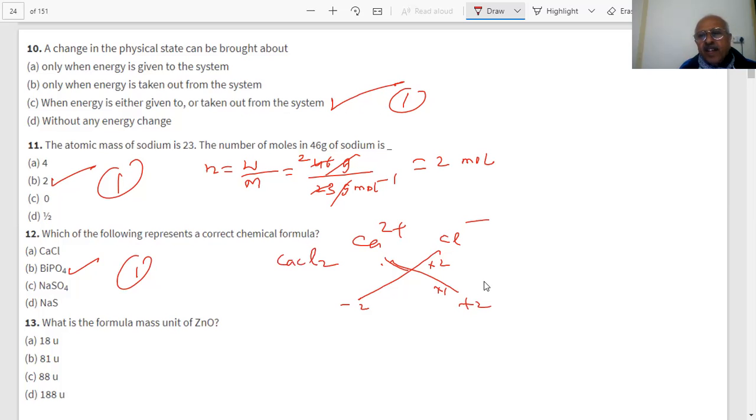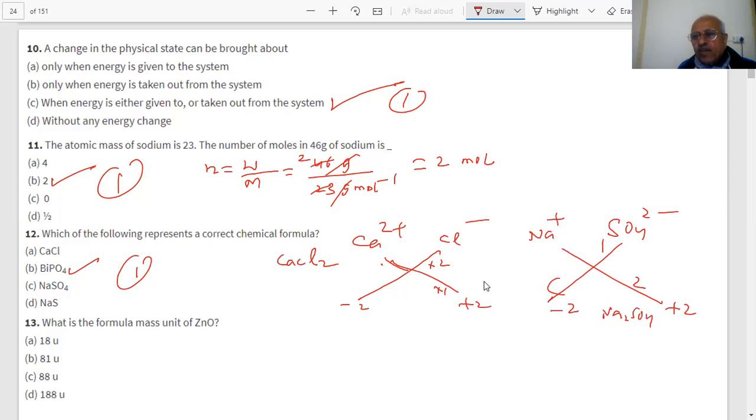If I say NaSO4, student, sodium is plus 1, SO4 is 2 minus, multiply this by 2 and this by 1, plus 2 and minus 2. Therefore, Na2SO4. This is a crisscross method to check the formula. Bismuth is 3 plus and phosphate is 3 minus.